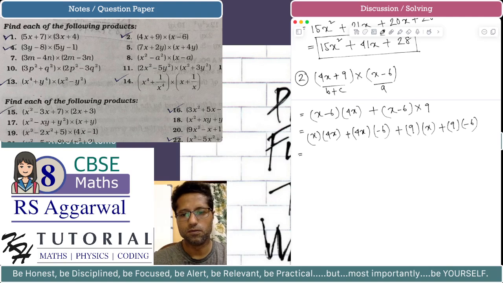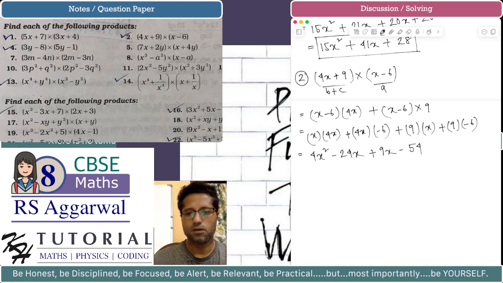So this is equal to 4x square. Now 4x multiplied by minus 6 is minus 24x, plus 9x, minus 54. So this is equal to 4x square minus 24x plus 9x, which is minus 15x, and minus 54.